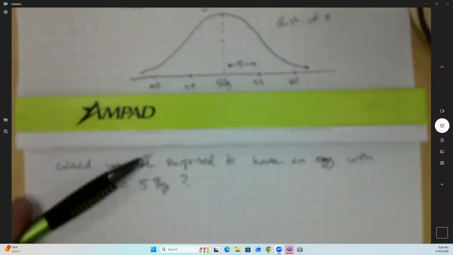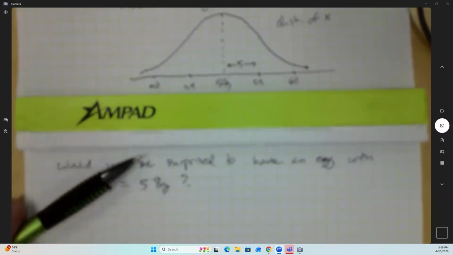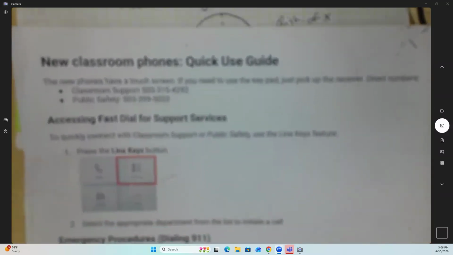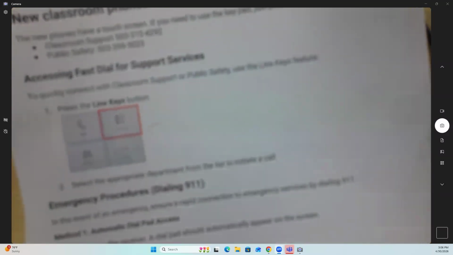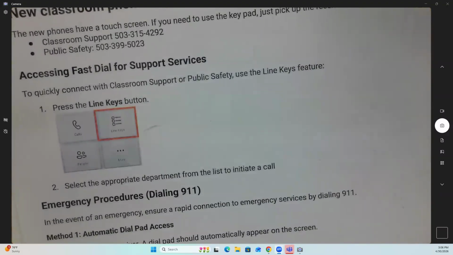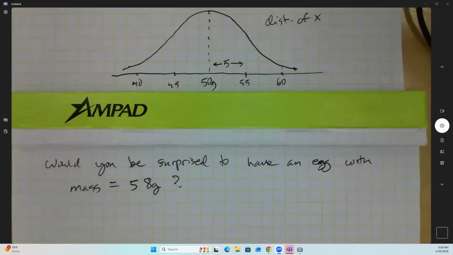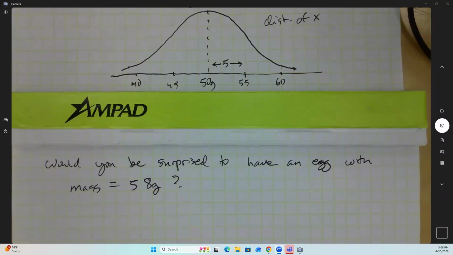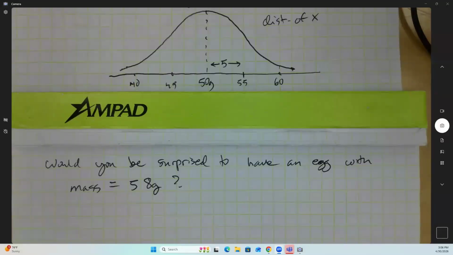Let's get it focused. Okay. Would you be surprised to have an egg with a mass equal to 58 grams? Talk about it with your neighbor and decide. What did you think, Gabby?